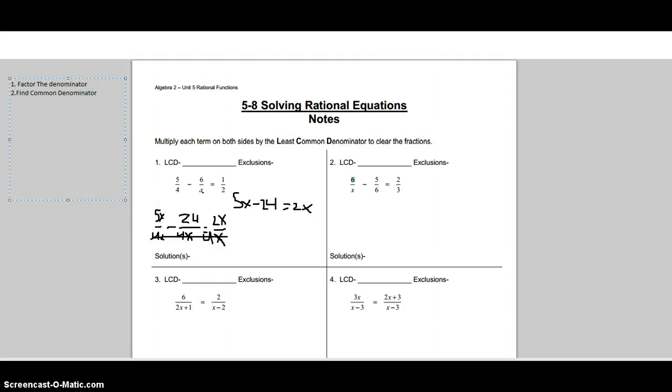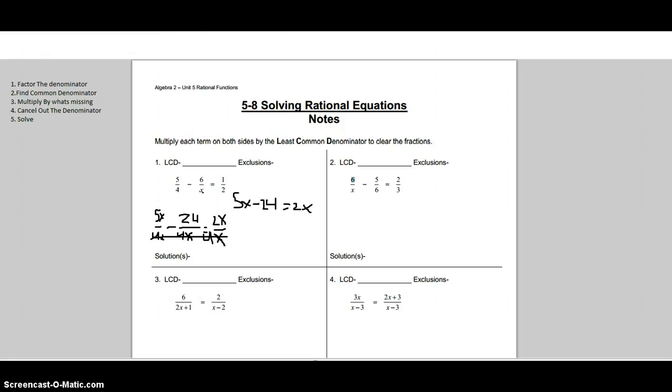And rule number 3, you want to multiply by what's missing, and you want to multiply that by the top. Whatever you did to the bottom, you want to multiply it by the top. Rule number 4, cancel out the denominator.